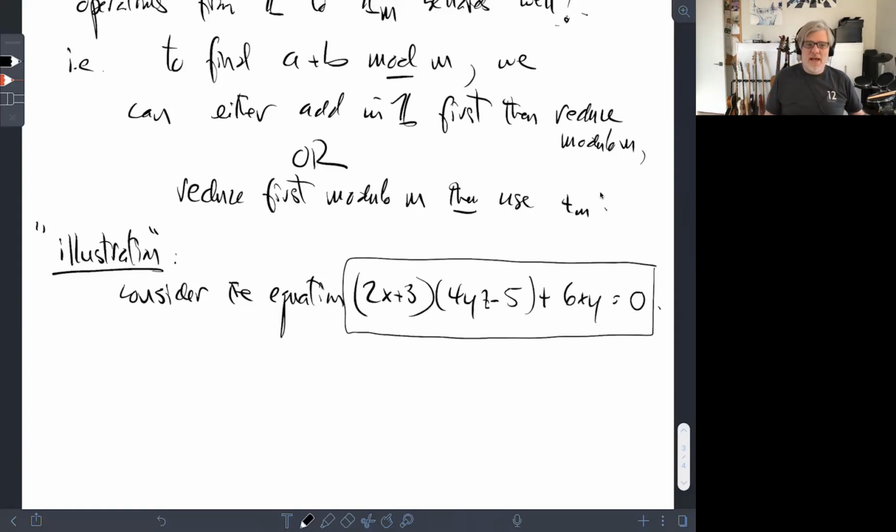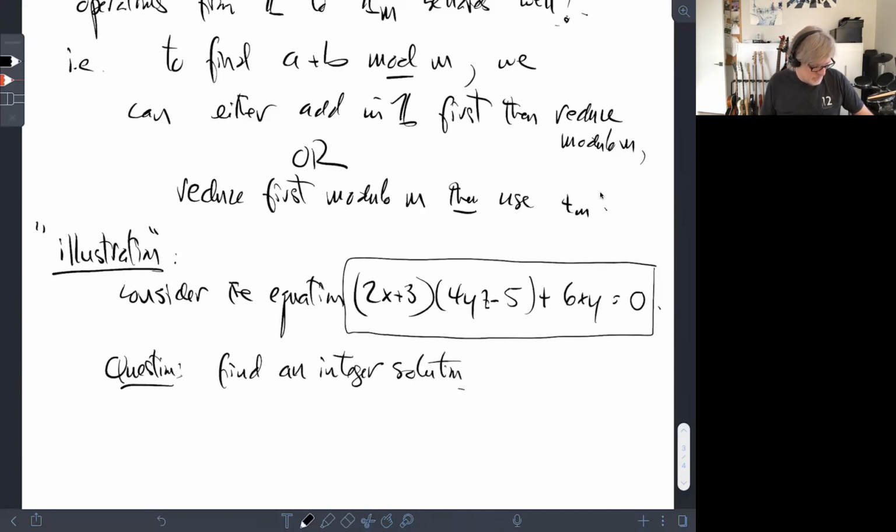And suppose that I ask you, question, find an integer solution. In other words, find x, y, z integers that will satisfy this equation. So find x, y, and z that satisfy it.